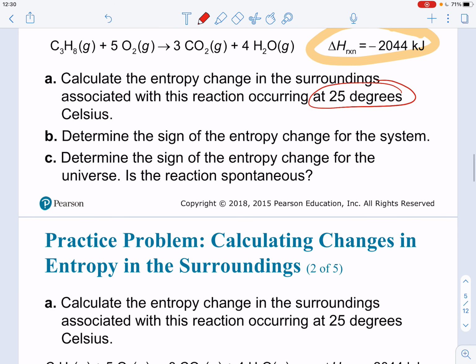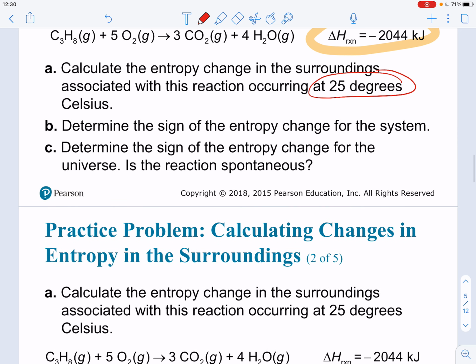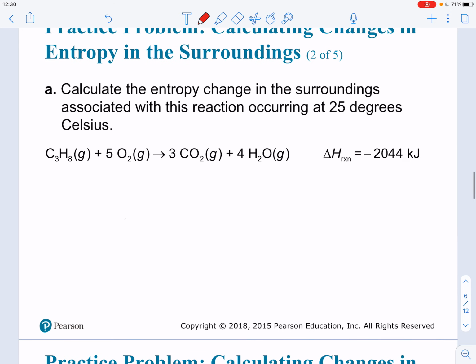After that, we have to determine what the sign of the entropy change for this system is. And then we are going to determine the sign of the changing entropy for the universe. Okay. At this time, we are going to do this a little simplified, but bear with me. We're going to go through all of this. Okay.